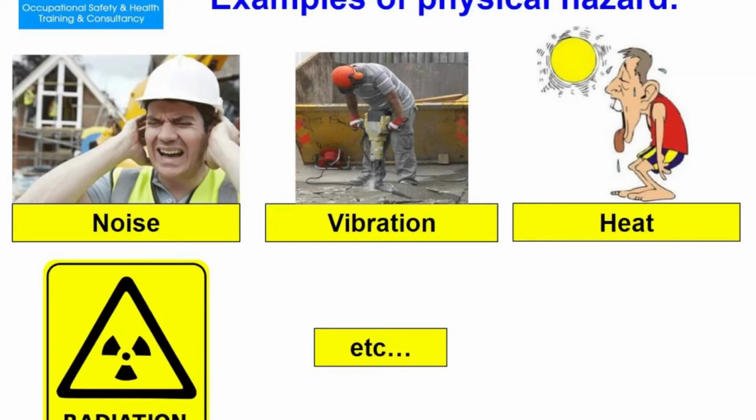If you're working in an industry, let me say a factory which has boilers, you're faced with the hazard of working in heat, and heat will affect your physical body, meaning that hazard has potential to harm you in the long run if you work exposed to that kind of heat. There are many physical hazards. Noise, if you're working in a noisy environment, all those are physical hazards we face every day in that given occupation you chose. So that's one.